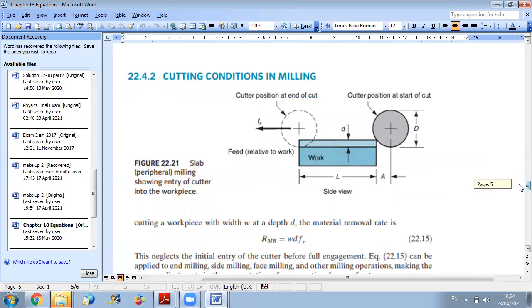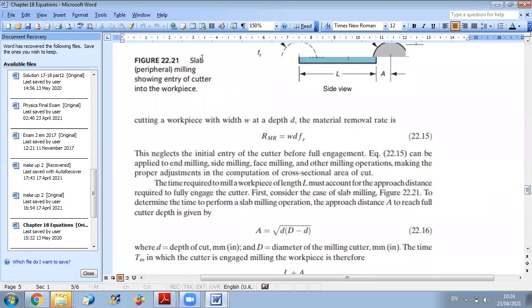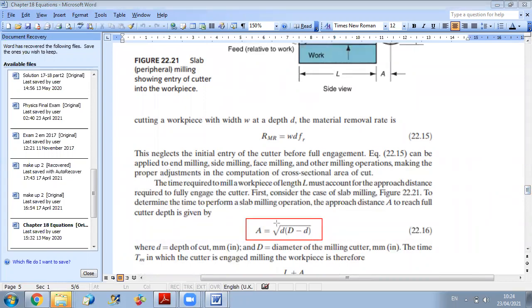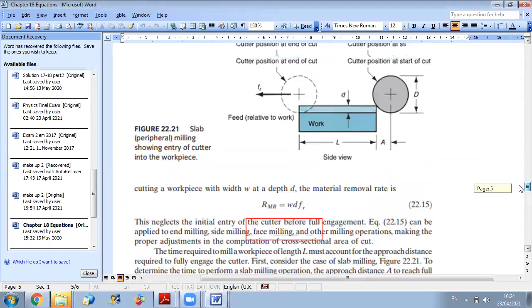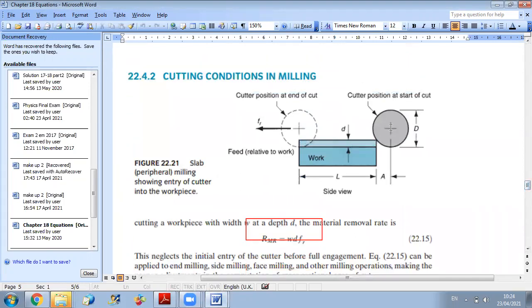For peripheral milling, the corresponding equation to use is this one, which is that the approach distance is the square root of d times (D minus d), where you can see in the figure that small d represents the depth of the cutter in the work part. This is the depth you will remove, and big D represents the diameter of the cutter.